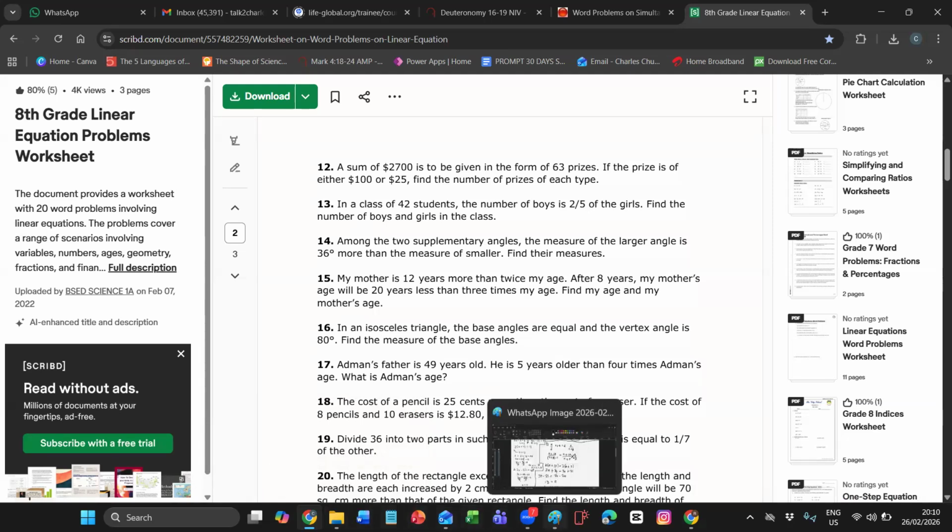So the first equation I'm going to get from this is the total number of prizes. What is the total number of prizes? 63 prizes. So what does that tell me?